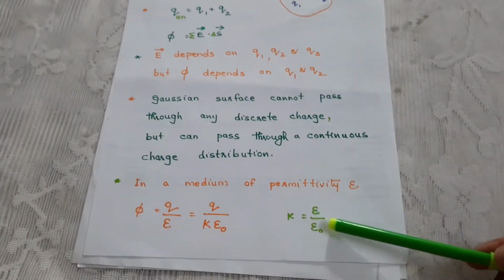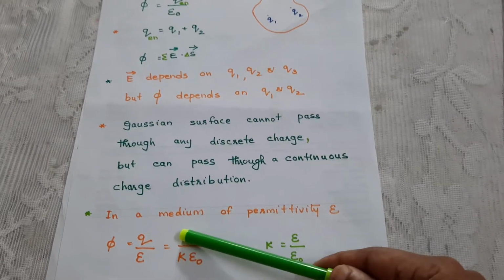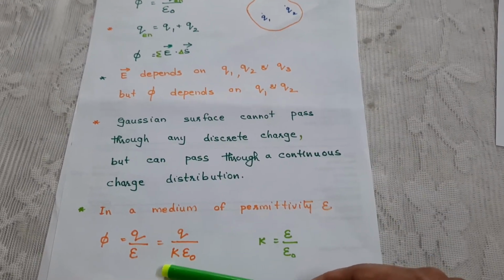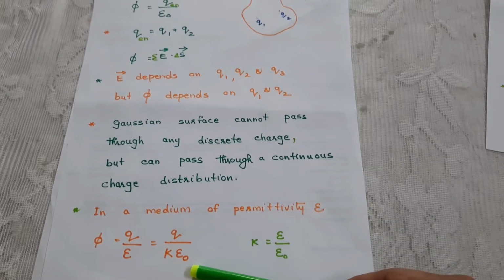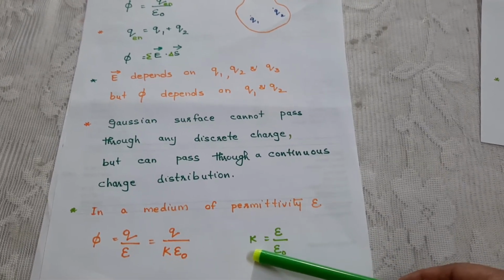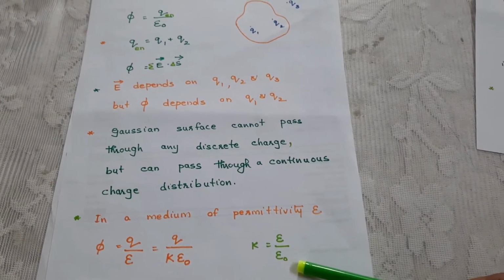In a medium of permittivity epsilon, phi is equal to q by epsilon, where epsilon is k times epsilon 0. K is the dielectric constant or relative permittivity, epsilon by epsilon 0.